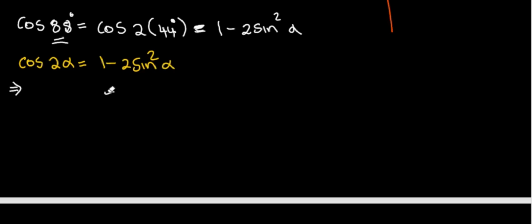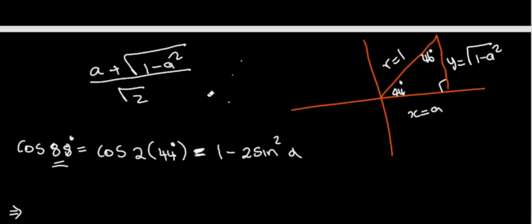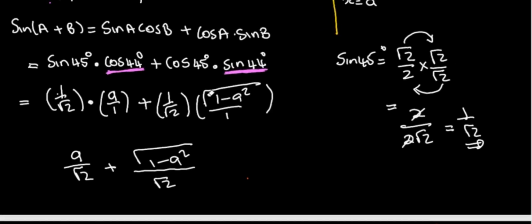Let's go back on choosing the identity now. We're just going to go back and fix the identity part. Okay, so let's look at what we worked on previously. We worked on cos 44 and we worked on sine 44.